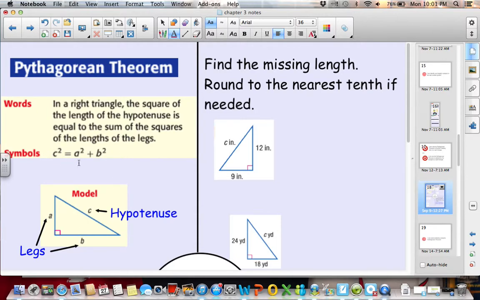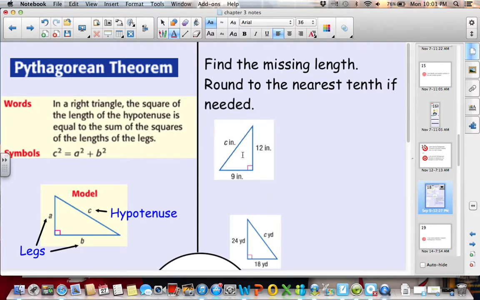The Pythagorean theorem states that c squared equals a squared plus b squared. So in any right triangle, again, this is only for right triangles, a squared plus b squared equals c squared. So what does this mean? Let's do some examples and it will make a little bit more sense.